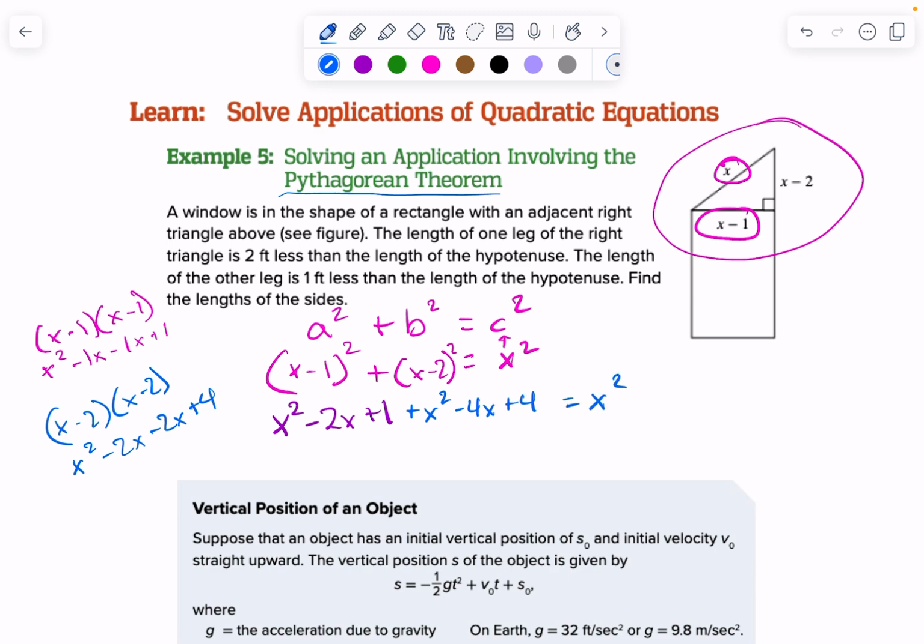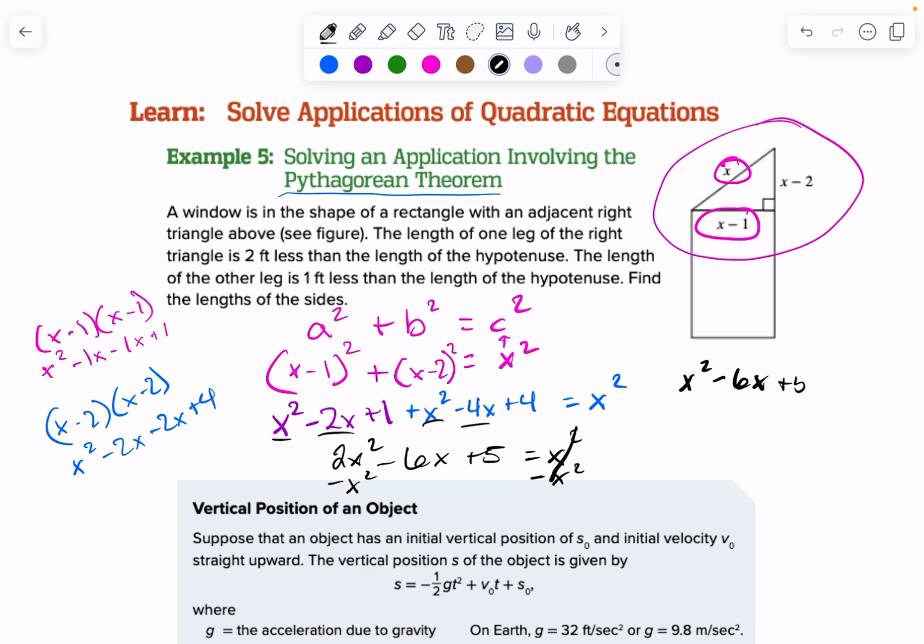All right, let's put this left side together real quick before we start moving stuff around. And here we've got 2x squared minus 6x plus 5 equals x squared. I'm going to bump this x squared to the other side, which makes it really nice because now it's a simple trinomial, right? It goes back from being a 2x squared to just x squared.